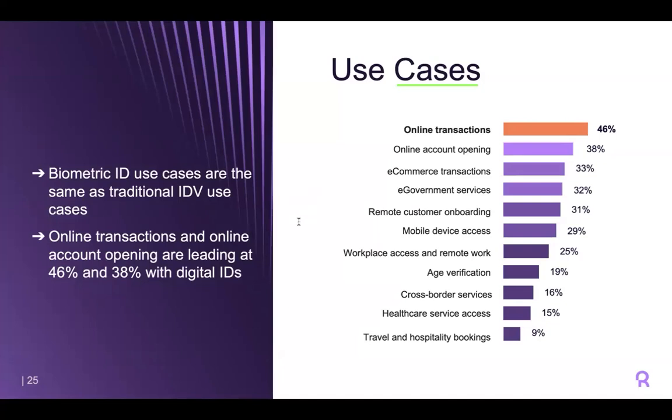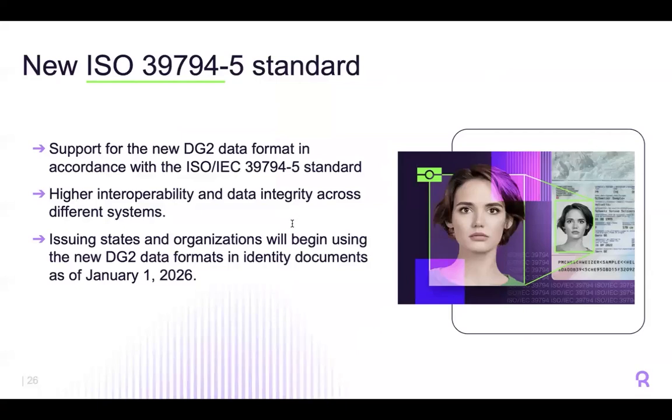And of course, it should be standardized and regulated, especially to eliminate compatibility issues. This new standard defines the requirements for biometric data exchange formats and protocols to ensure interoperability and data integrity across different systems. In simple words, it regulates how the biometric data and photos should be stored in the chip and further processed.